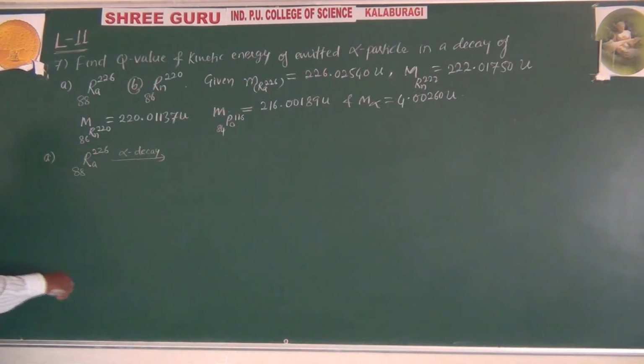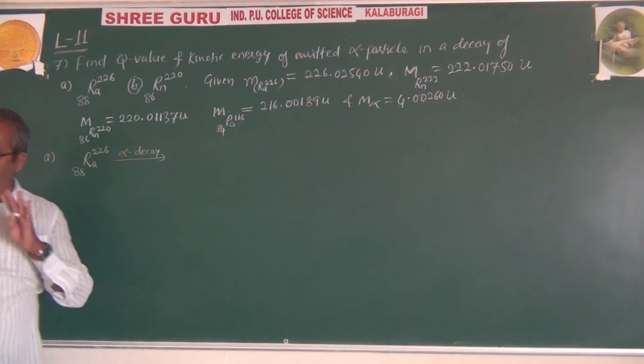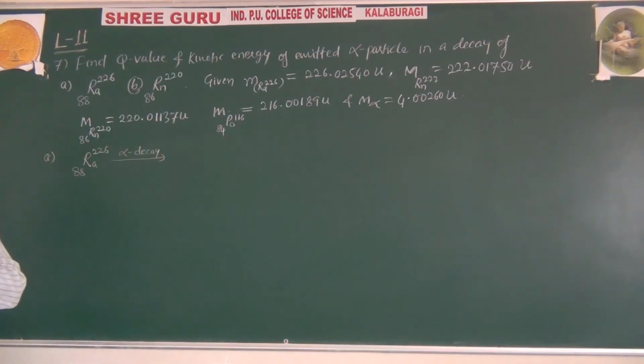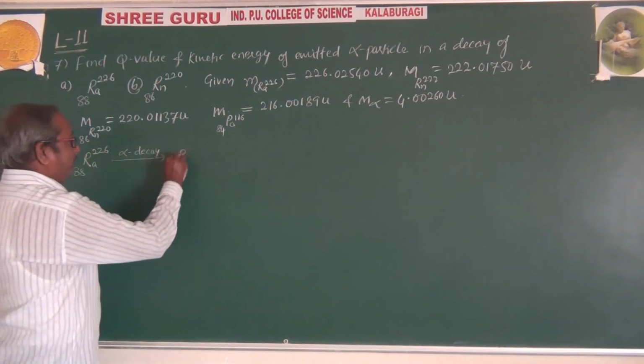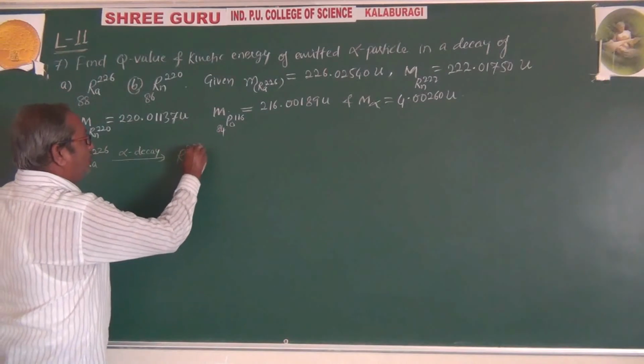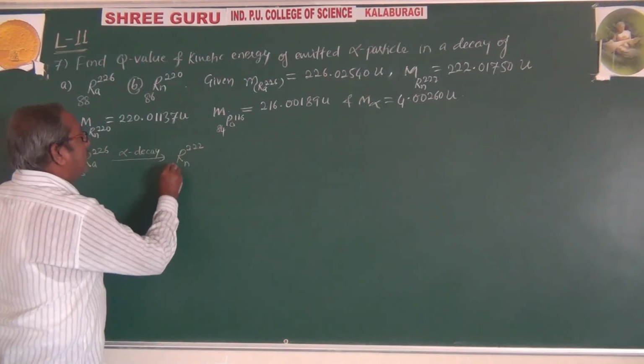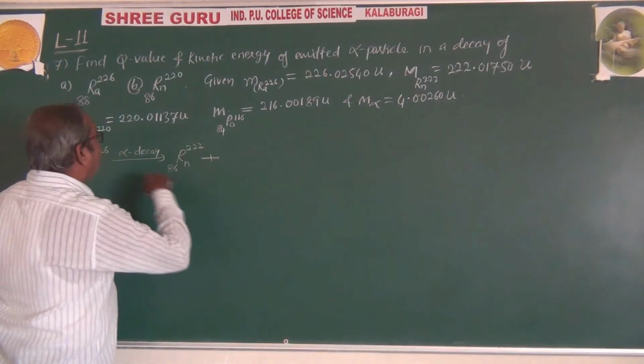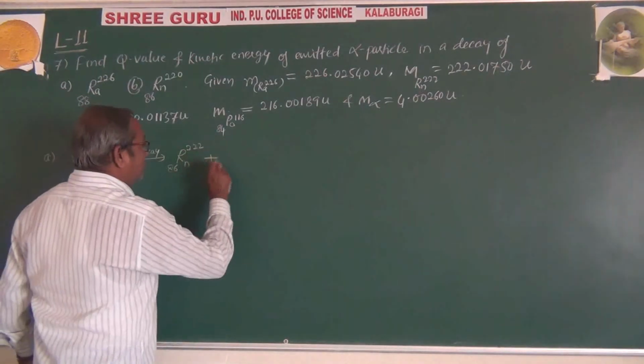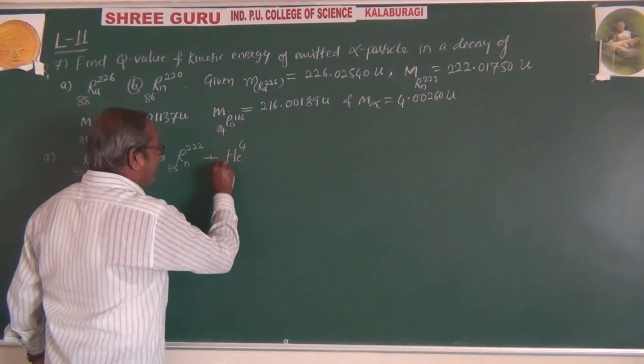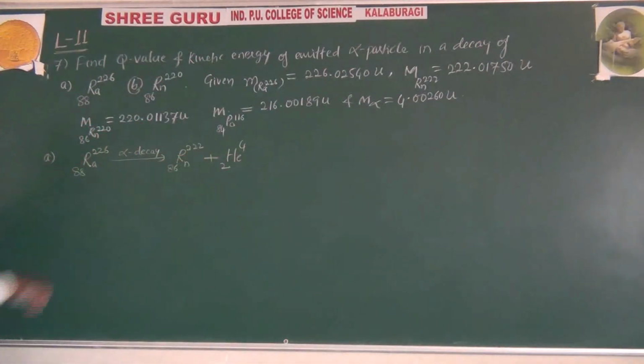So if it is alpha decay, mass number decreases by 4 and atomic number decreases by 2. The new element will have atomic number 86 and mass number 222, so it becomes radon, Rn 222, 86. The emitted alpha particle consists of helium nuclei. Plus here the equation is balanced.